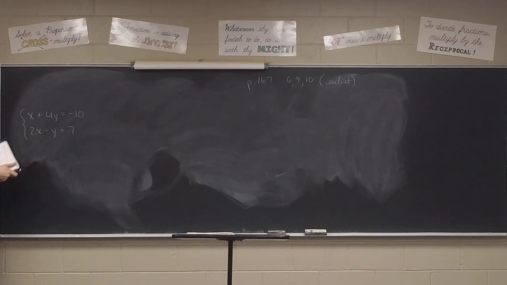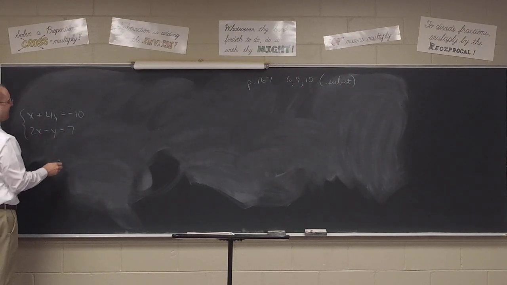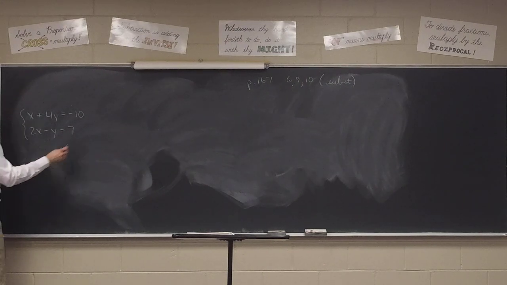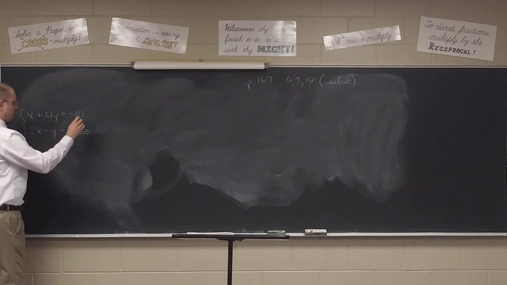Number 6, how many of you got the x by itself in the top? How many got the y by itself in the bottom? Did you do a double switch to get 2x minus 7 equals y? Okay, good. You want a positive variable. All right. Since 2 of you did it this way, I'll do it this way also.